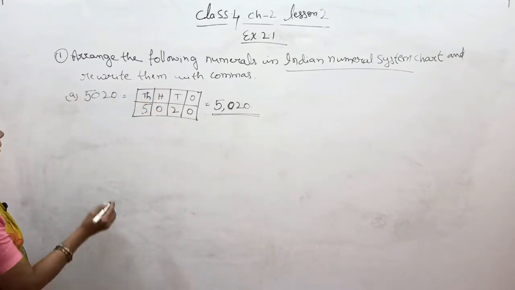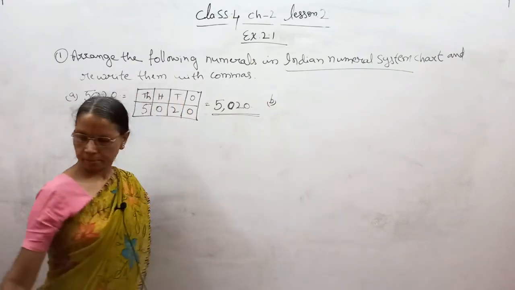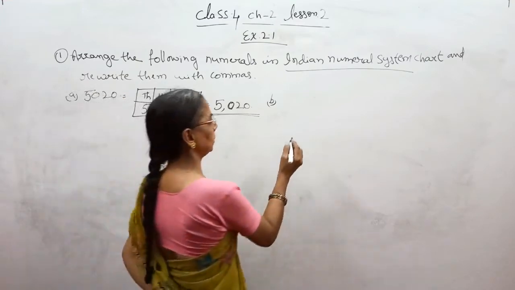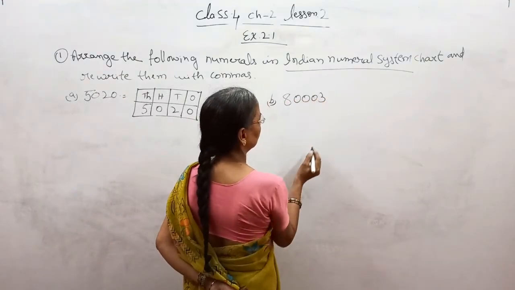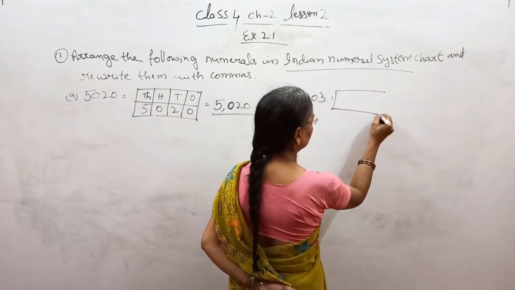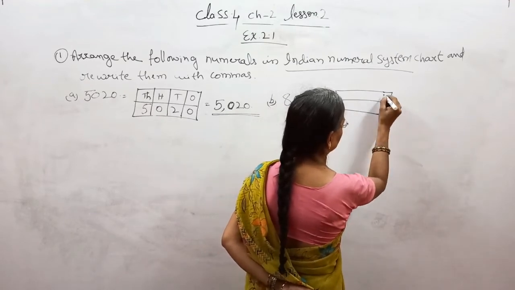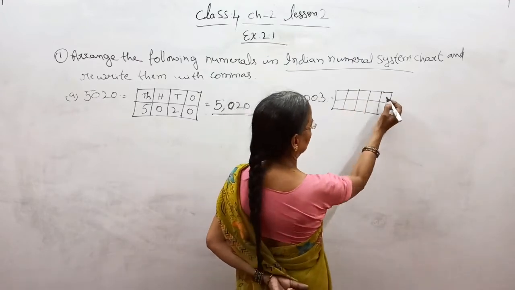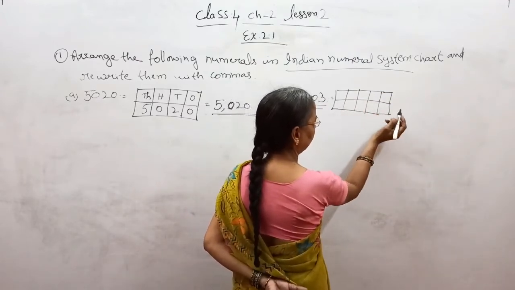Now second, eight triple 3. In this also we first draw a chart: ones, tens, hundreds, thousand, 10,000. It has 5 digits, so we draw 5 boxes.